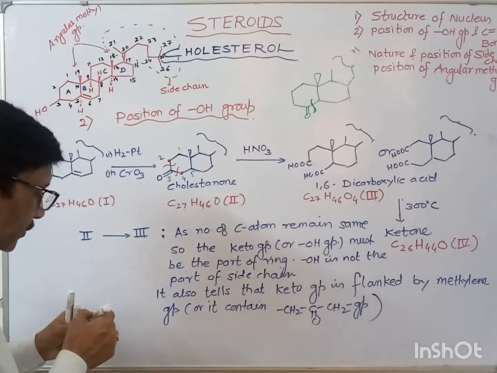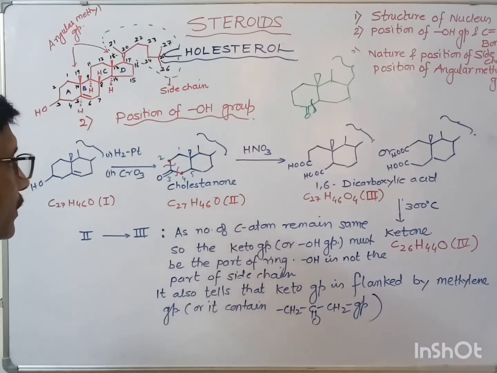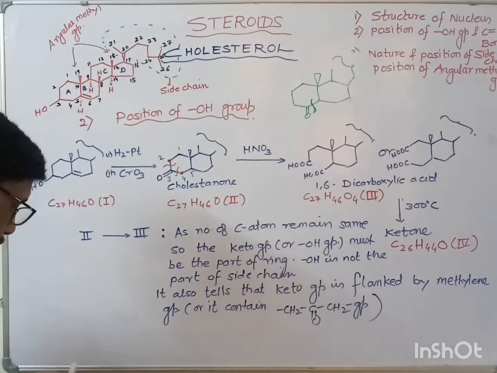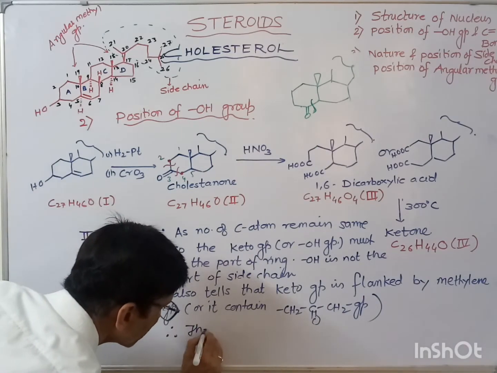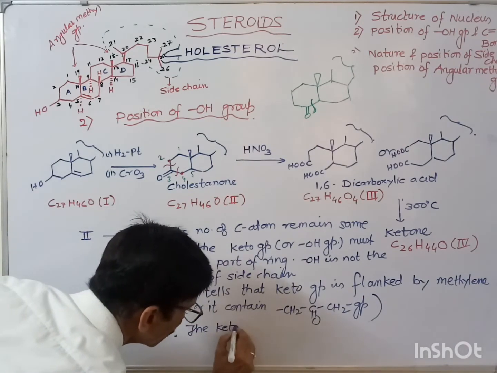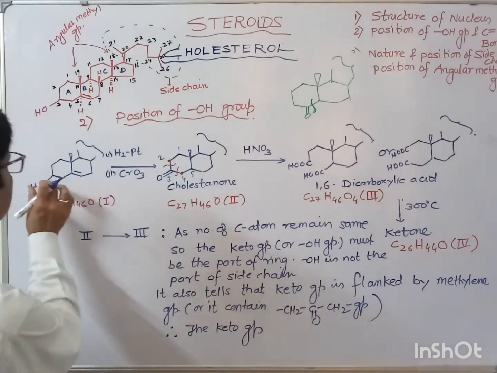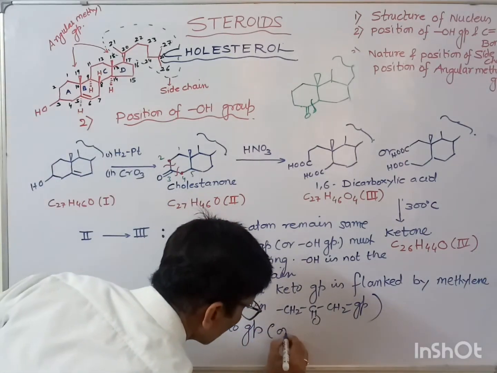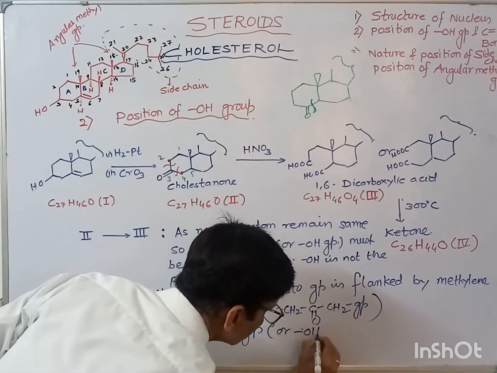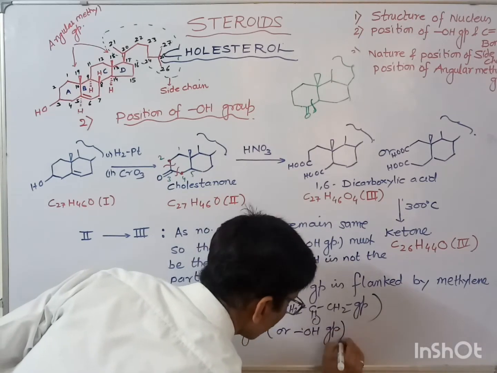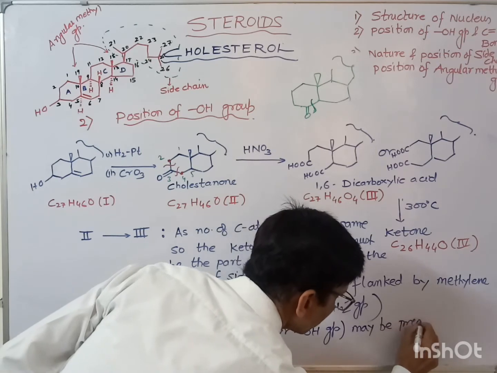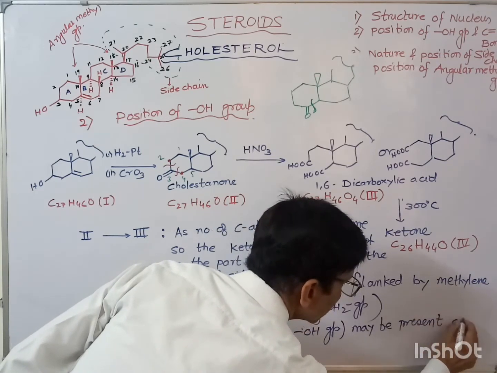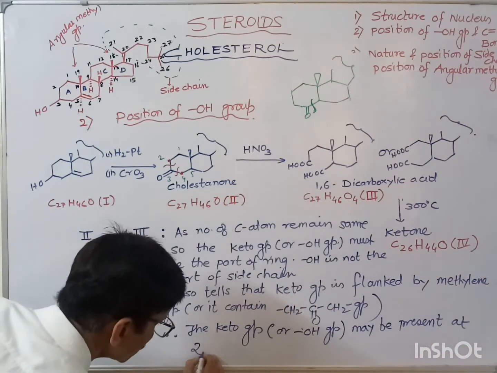Therefore, the keto group, or we can say the OH group, may be present at the 2 or 3 position.